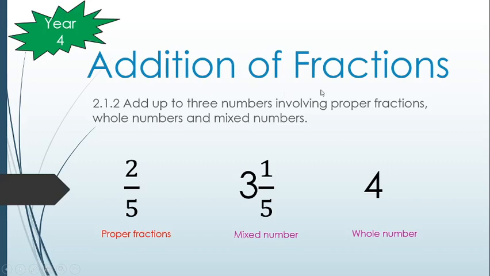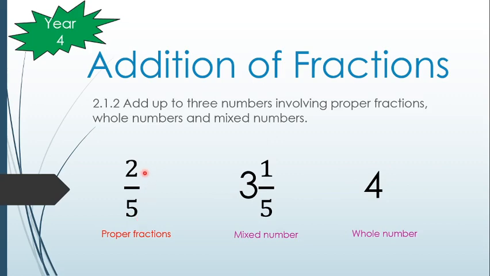Okay, today we are going to learn the addition of fraction, right? So in this subtopic, you are going to add up three numbers involving proper fraction, whole numbers and mixed number. For a quick revision, this is a proper fraction, this is a mixed number, and this one is the whole number.